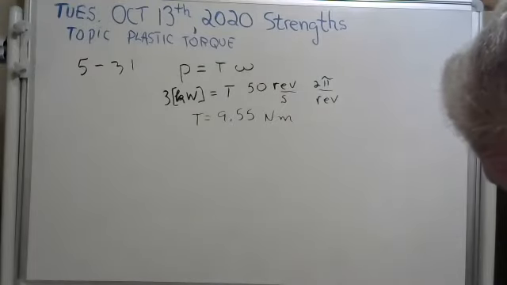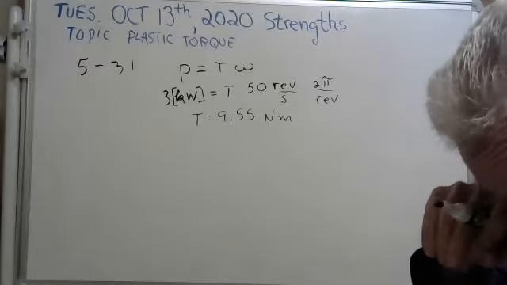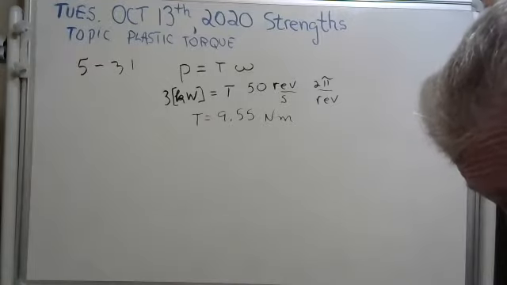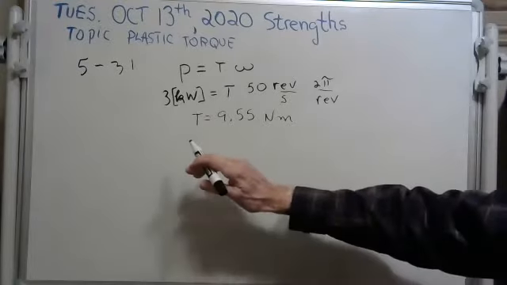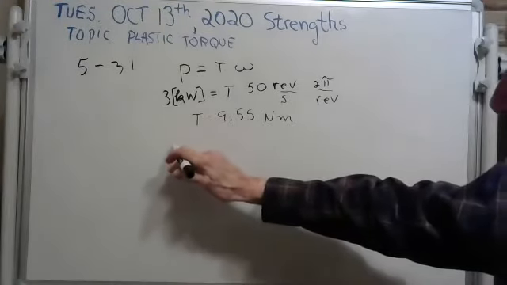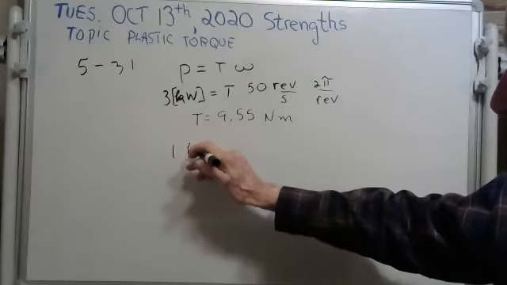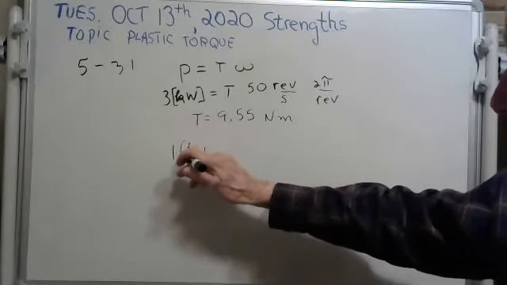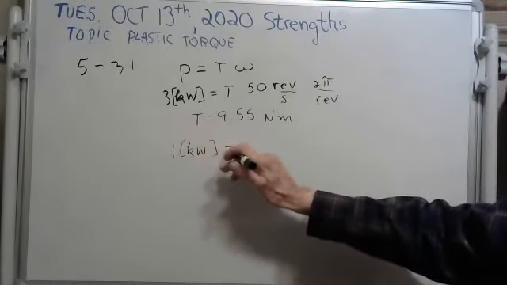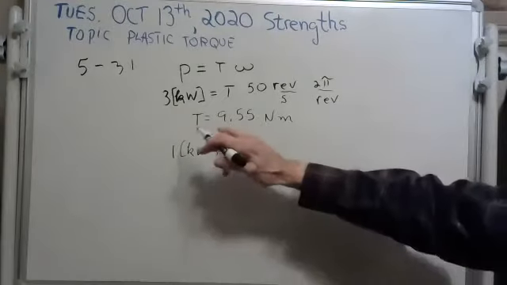Okay, and then what happens is you remove 2 kilowatts, so that only leaves you with 1 kilowatt. And so if you solve this with 1 kilowatt, why don't we label this?